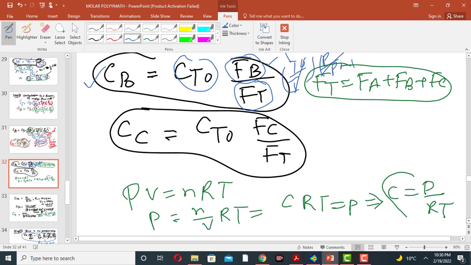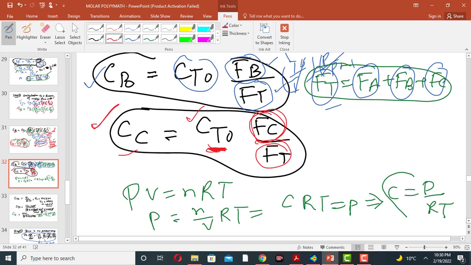And this Ft is nothing but the molar flow rate of component A plus component B plus component C. Now, for component C, Cc, the concentration of component C, is equal to Ct naught, the total initial concentration, times Fc, the molar flow rate of component C, divided by the total molar flow rate of all components, which is equal to Fa plus Fb plus Fc.